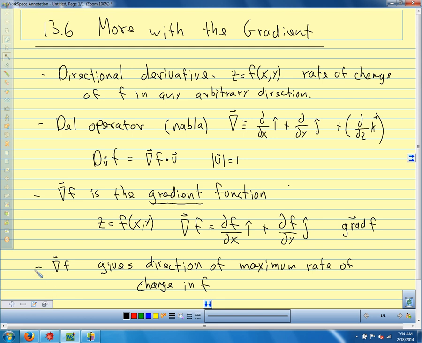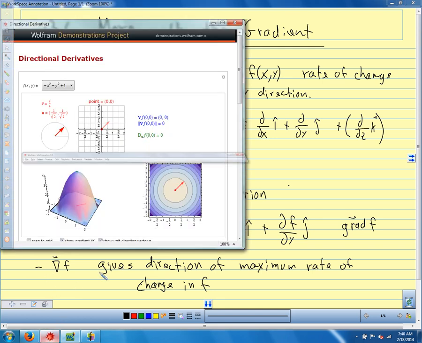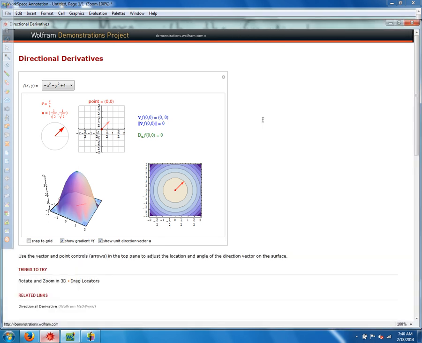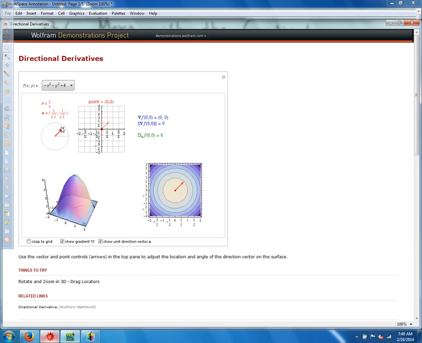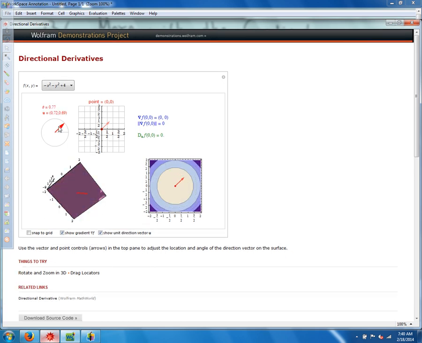I have a little demonstration that shows us an idea of the directional derivative. So here is our picture. All right, so what we have here is my surface. This little circle I can change my unit vector. So this is the direction that I want my directional derivative in.